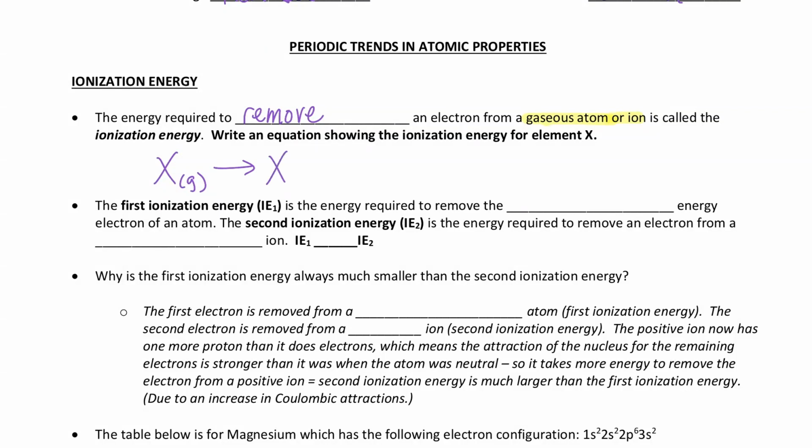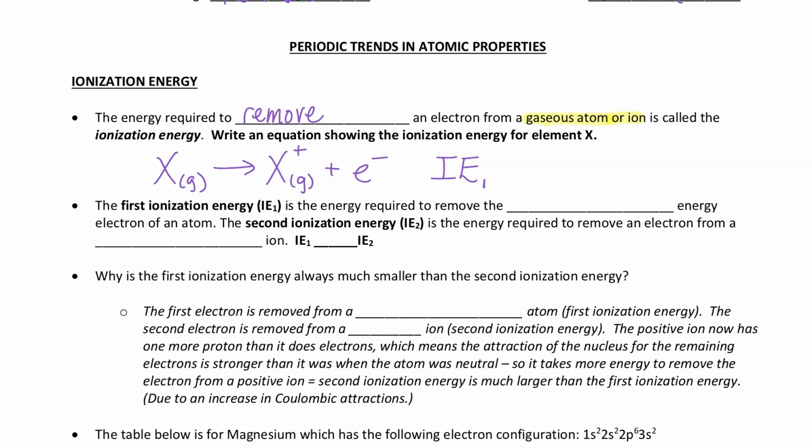We're going to turn that into a positively charged ion because we're going to lose that electron. IE for ionization energy, this would be IE1 because that's the first electron to be removed.